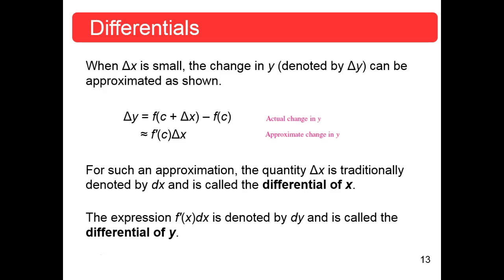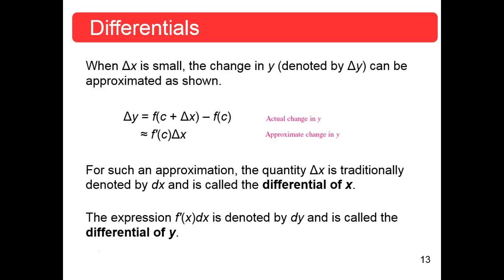The delta y is approximately f prime of c delta x. Not exact, approximate. For such an approximation, the quantity delta x is traditionally denoted by dx and is called the differential of x. Okay? Well, guess what the delta y would be called? The expression f prime of x dx is denoted by dy and is called the differential of y.